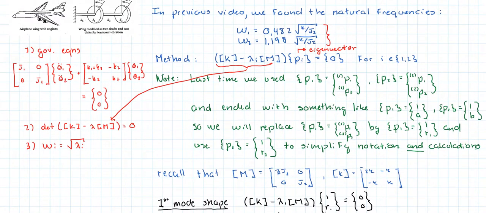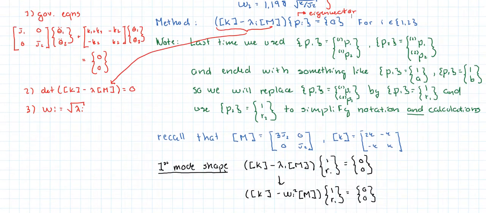And remember that last time in the other example that we did, we used something that had the form p sub 1, p sub 2 for both of the eigenvectors, but we always sort of normalized it, dividing all the terms by the value of the first term, and we always ended up with something like 1 and some constant.